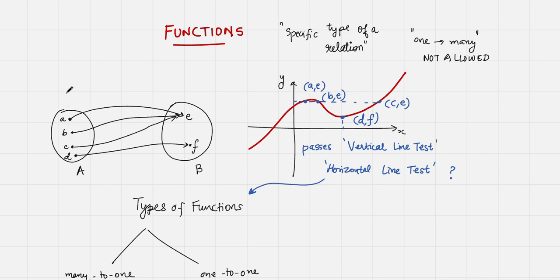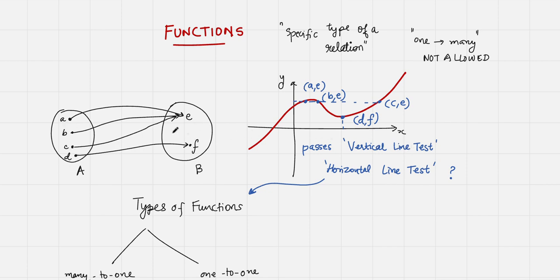You cannot have an element in set A which is mapping to multiple elements in set B. This is not allowed in a function, so we'll erase it. What is allowed is that multiple elements of set A can map to the same element in set B. That's okay. So this is a general sketch of a function.